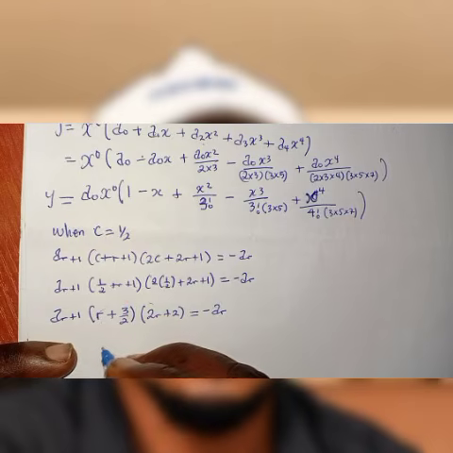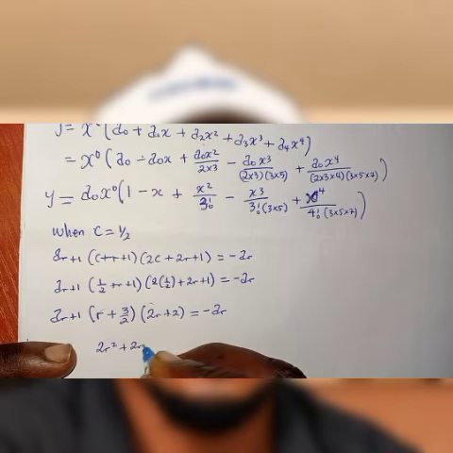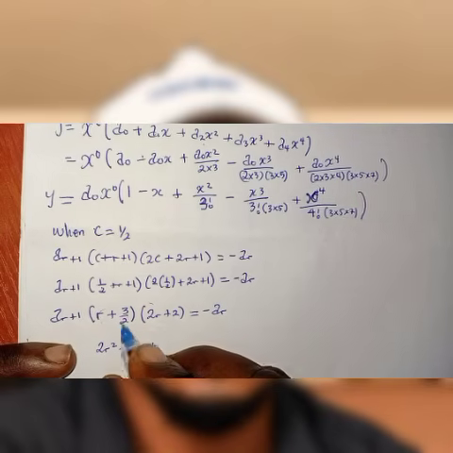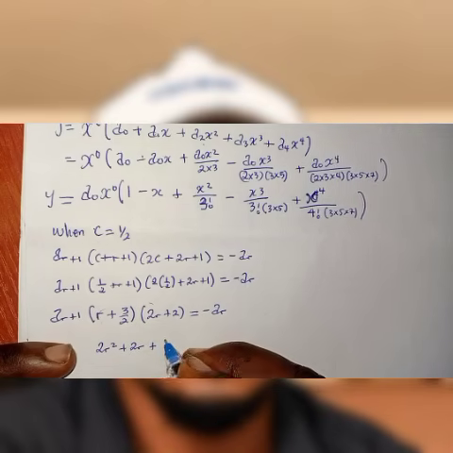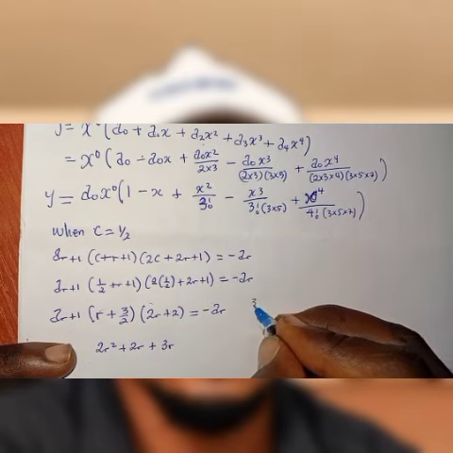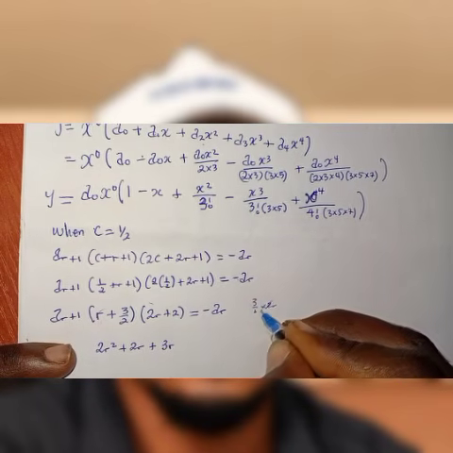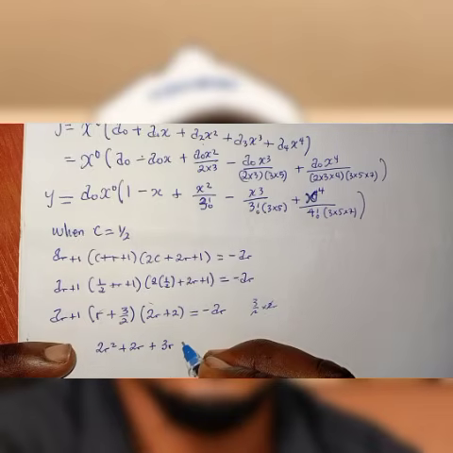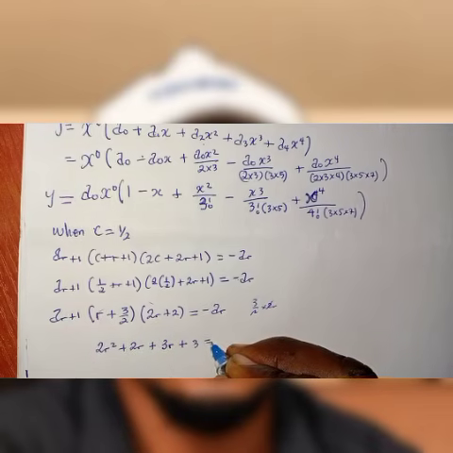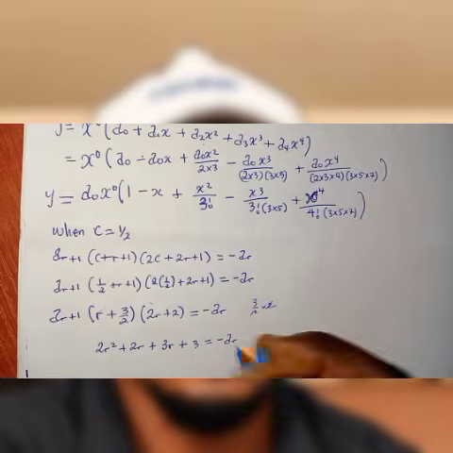So you have 2r squared plus 2r, r times this, then plus 3 over 2 times this, we have 3r, because it's just like 3 over 2 times 2r, so 2 cancels 2, so it means 3r, plus 3 over 2 times this, we have 3, equals minus ar.